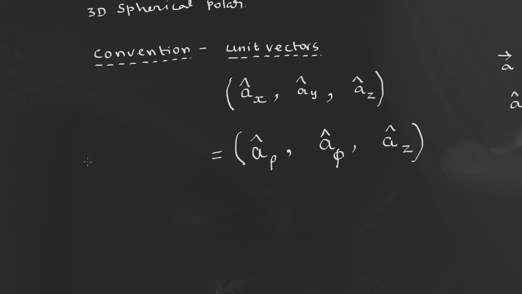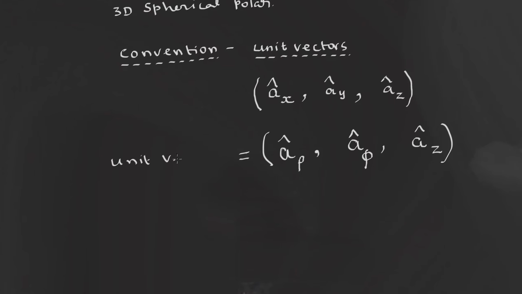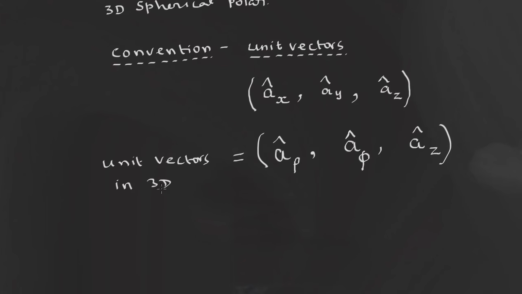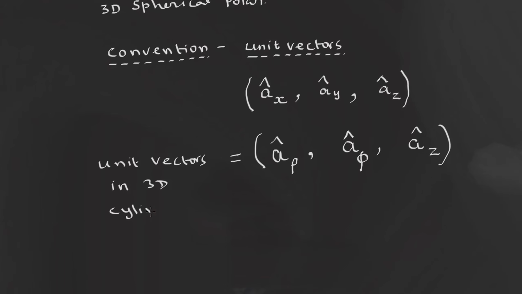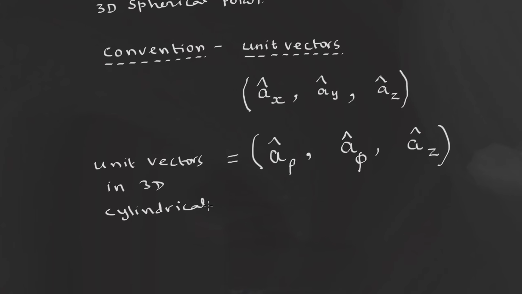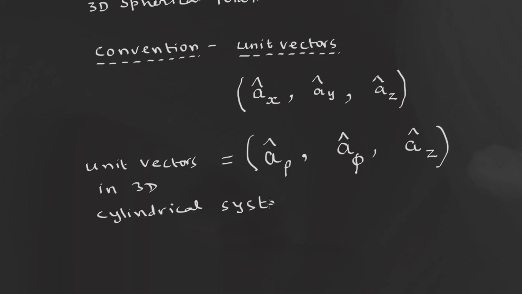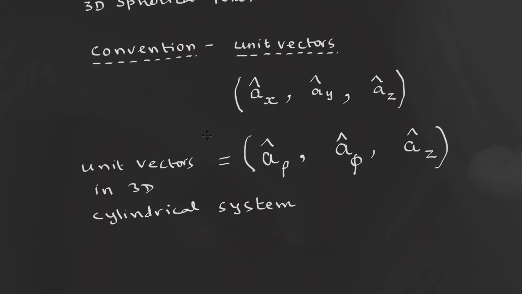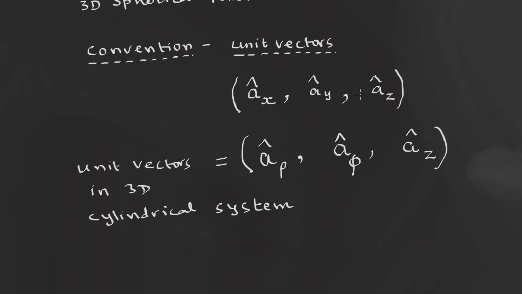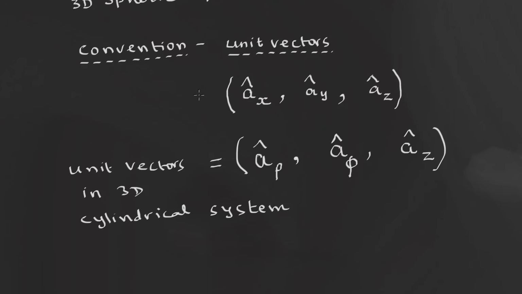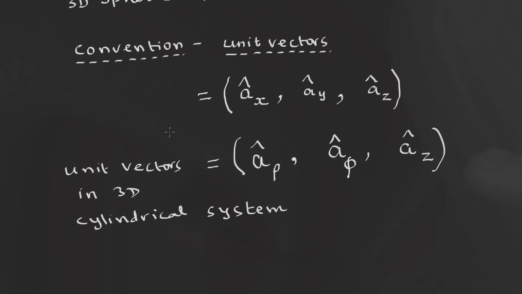So let me say that these are the unit vectors in three-dimensional cylindrical system. System means coordinate system. That's the meaning. So here you can easily understand that the first three numbers will represent the unit vectors in the three-dimensional Cartesian system.